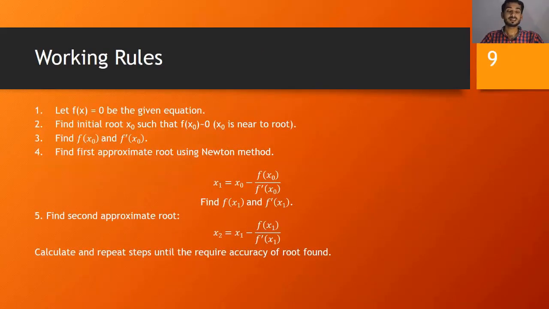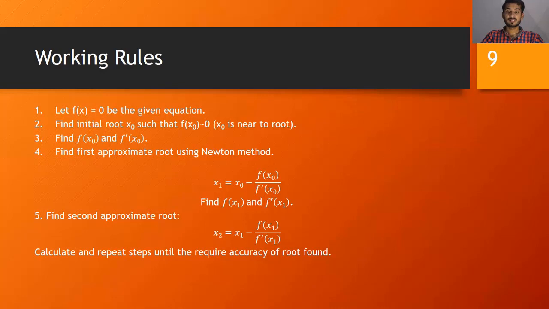So, what are the working rules of the Newton-Raphson method? Let us discuss. Rule number one: let f of x equal to 0 be the given equation. Rule number two: find an initial root x0 such that f of x0 is not 0, so x0 is near the root.